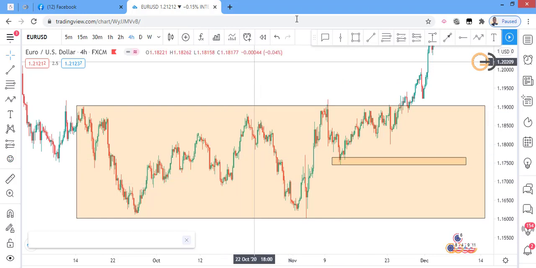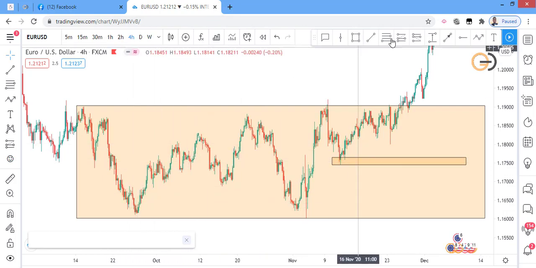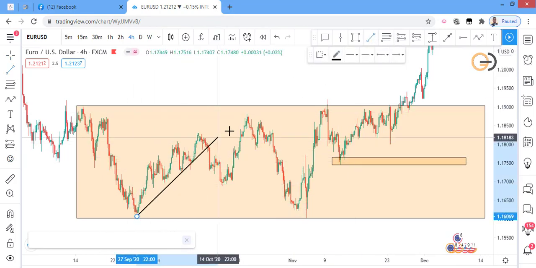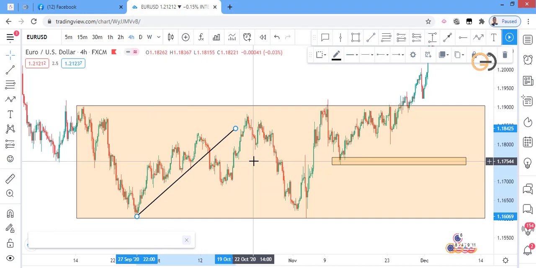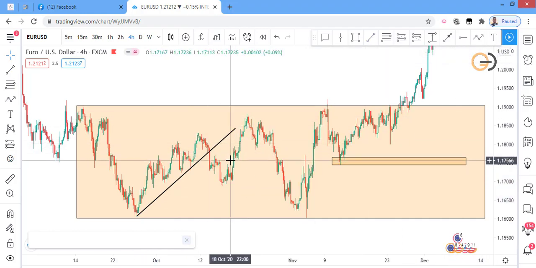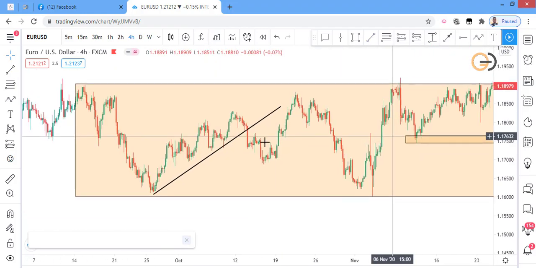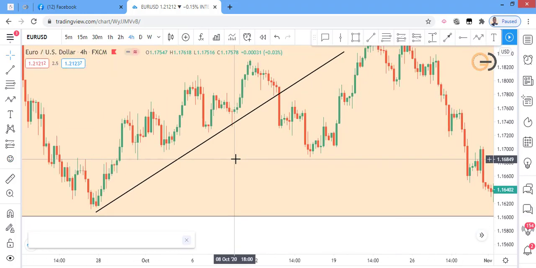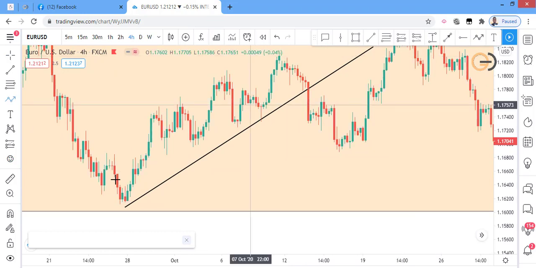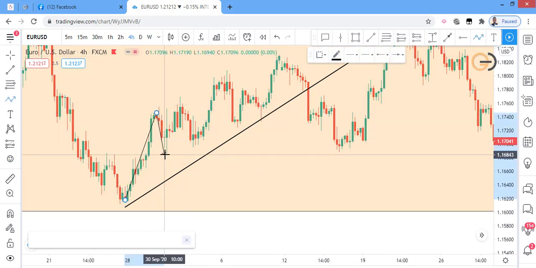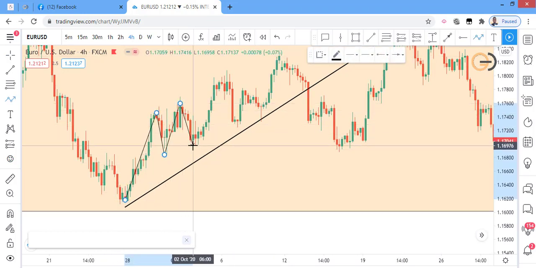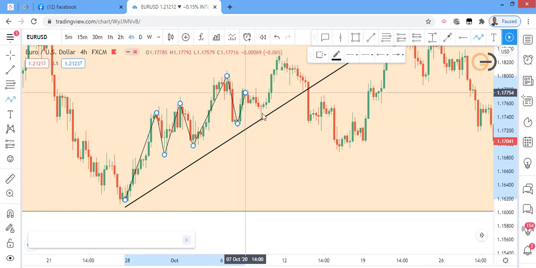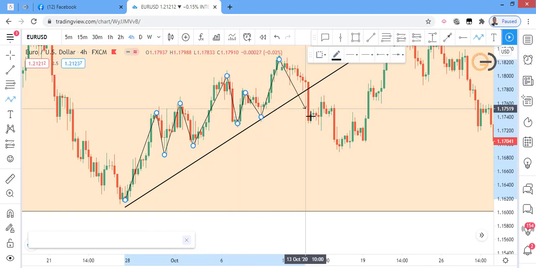For example, look at here in an uptrend, you can see the trend moving up. Alright, so we can actually scale down and then begin to look for some opportunities here. Look at what the market did here. It went up, came down, went up, came down, went up, came down, before coming down.